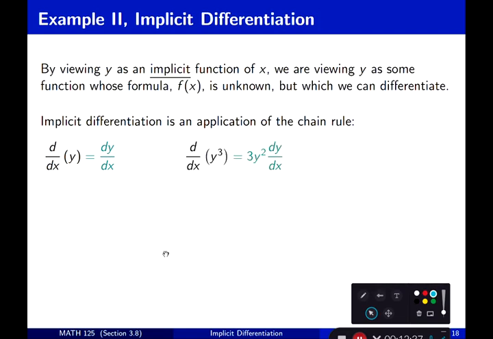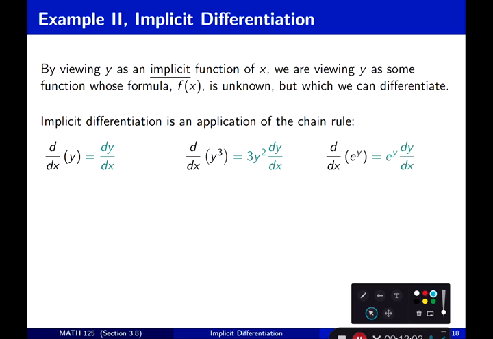If you are saying the derivative of y to the third with respect to x, according to the general power rule, this is 3y squared, and the derivative of the inside function, which is y, that would be dy dx.